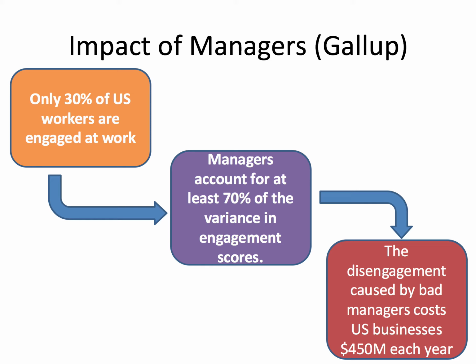And it appears that the manager has an important relationship with employee engagement. So the disengagement caused by bad managers costs US businesses about $450 million each year. These are fairly staggering statistics and really underline the importance of managers within today's organization.